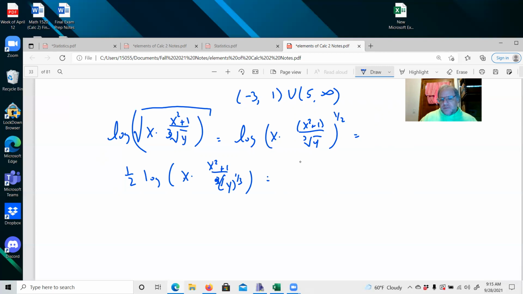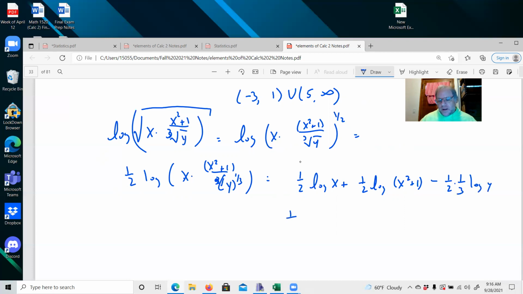So these two are multiplied. So this is going to be 1/2 log x plus 1/2 log of x squared plus 1, minus because it's in the denominator. And then we have a 1/2 because the square root is over everything. 1/2 times 1/3, because this 1/3 can come down in front of log of y.